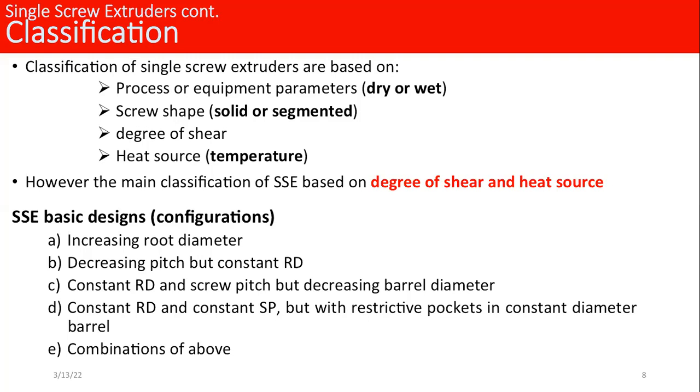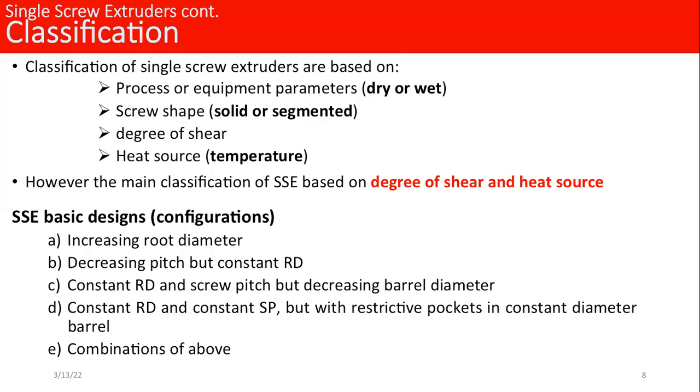But today I am also going to discuss a different classification method, based on the process or equipment parameters. Process or equipment parameters might be whether we use dry or wet materials. And screw shape. By using the screw shape, we can further classify extruders: solid screws or segmented, we will discuss.